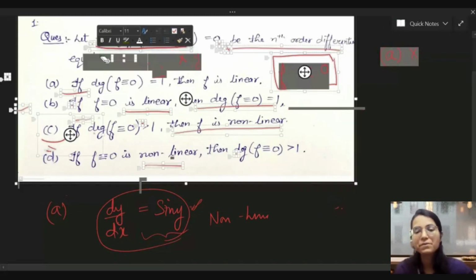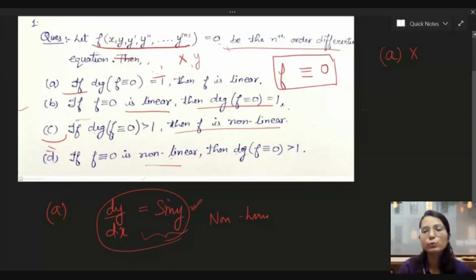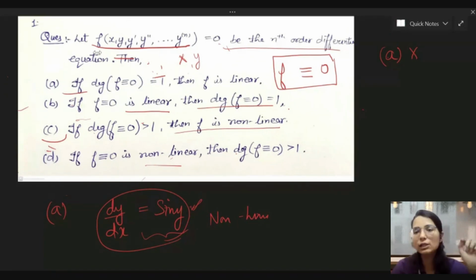We knew that we can't raise their powers more than 1. So option B is correct, because in the definition itself, a linear differential equation has degree 1. Even if you didn't notice it there, you should notice it now, that linear differential equations have degree equal to 1. So this will be a correct option.